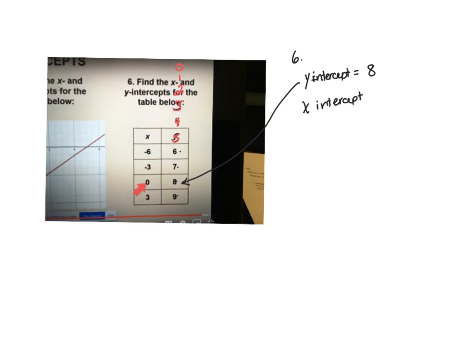It goes 3, 0, negative 3, negative 6. So the next one would probably be negative 9, negative 12. Notice I'm adding negative 3 each time. Negative 15, negative 18, negative 21, negative 24. So your x-intercept is negative 24, because we just extended the table out and followed the pattern.